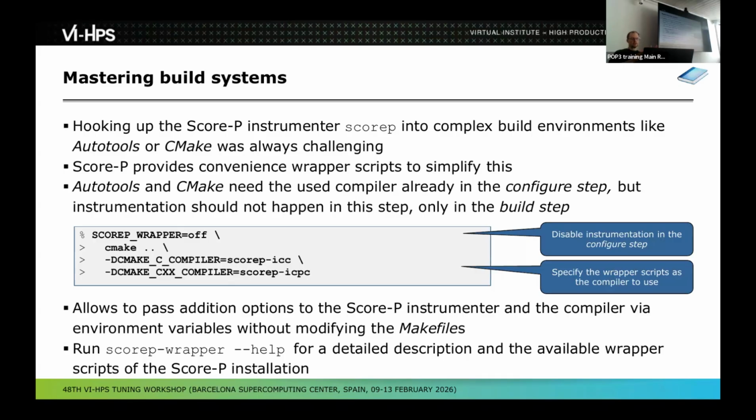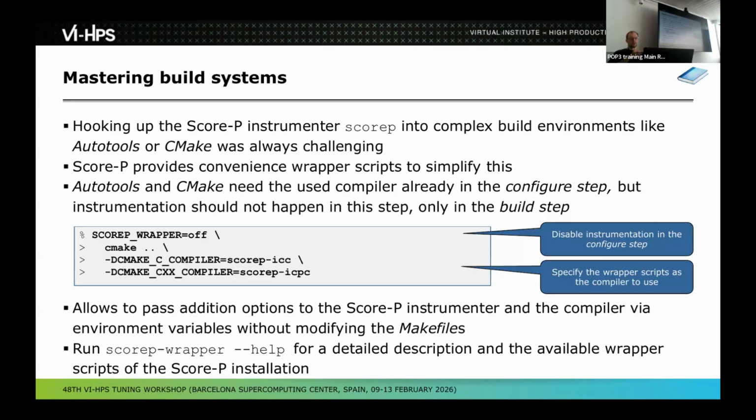The other advantage is you can set options like the Score-P wrapper off. You replace the compiler, but if you run CMake, which tests a bunch of stuff, you don't want the tests to be instrumented, and often you can run into issues with it.